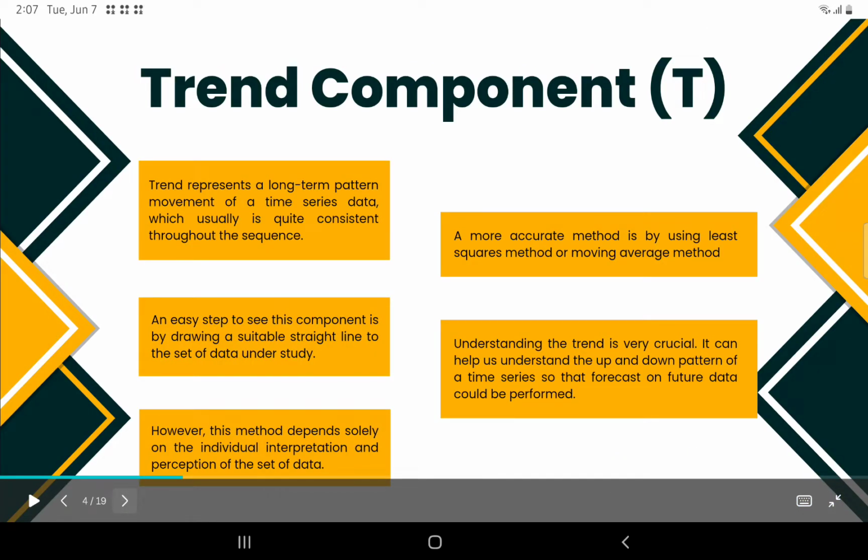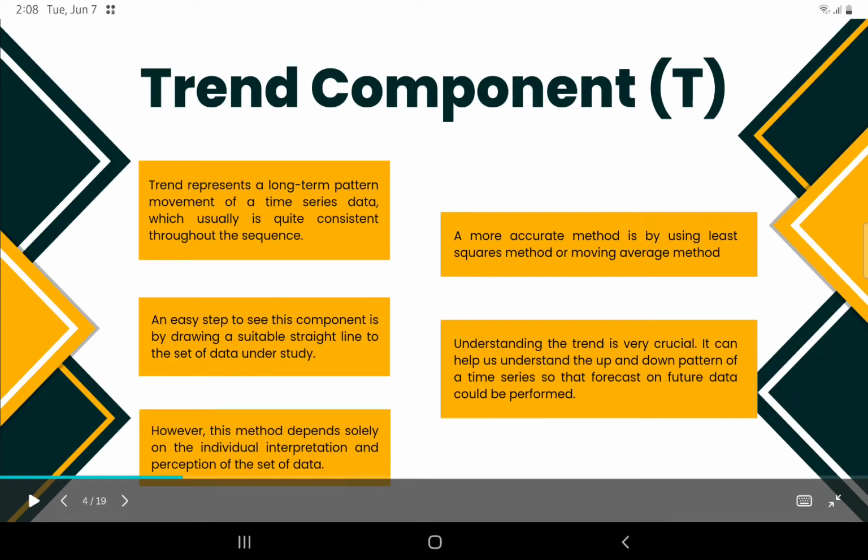The first one is the trend component, which we always note as capital T. Capital T is the notation for trend. The trend component of the time series represents a long-term pattern movement of time series data, which is usually quite consistent throughout the sequence, where the value of the variable tends to increase or decrease over a long period of time, usually more than 10 years.